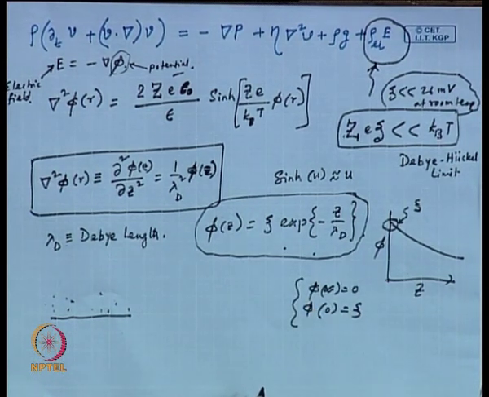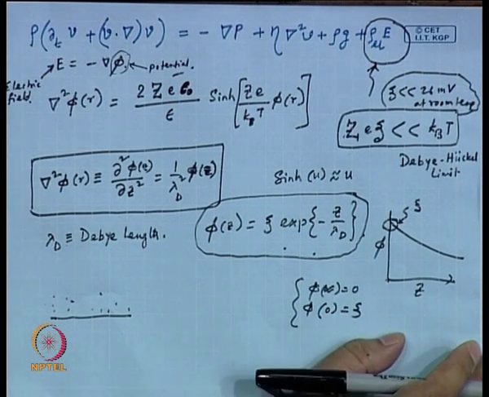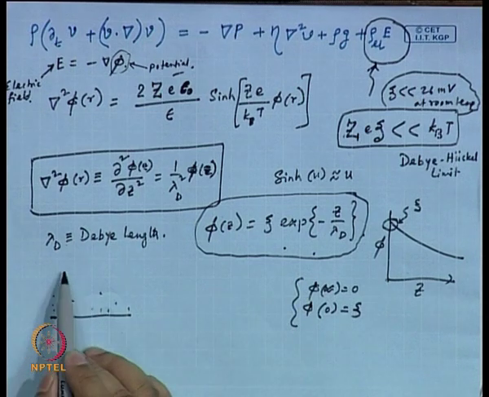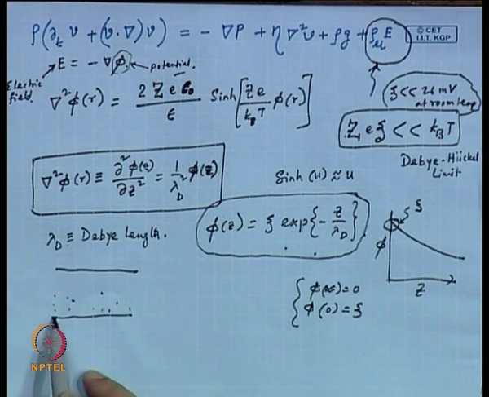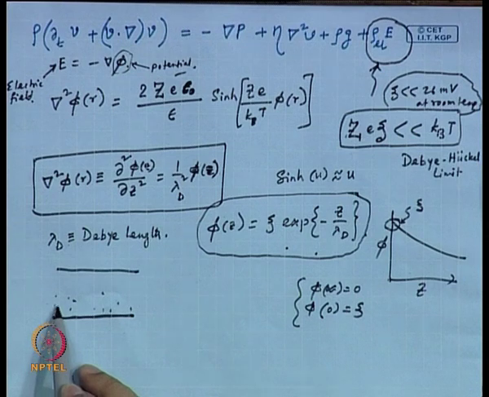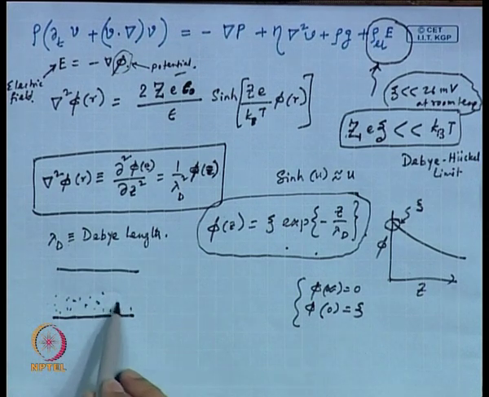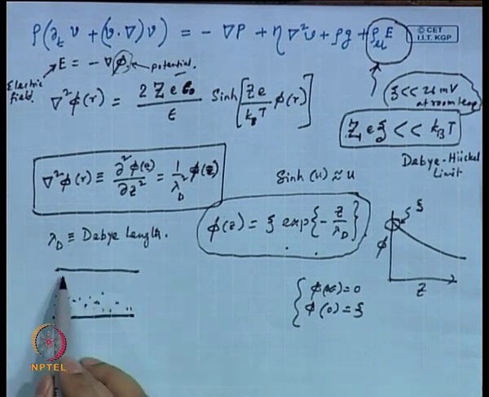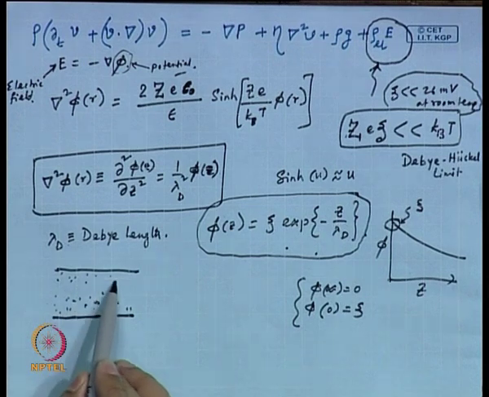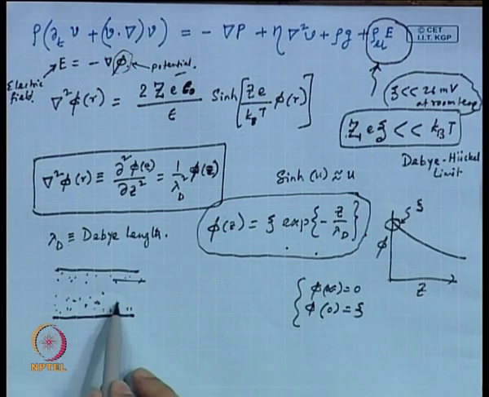Now, the problem in hand is a channel. We are talking about a micro channel, not a simple wall. This we were discussing at the end of the last class: if you have a micro channel, that means two walls, one wall here with counter ions accumulating, another wall here with counter ions accumulating, and both are pulling the bulk of the fluid.